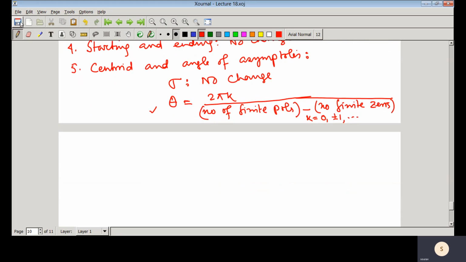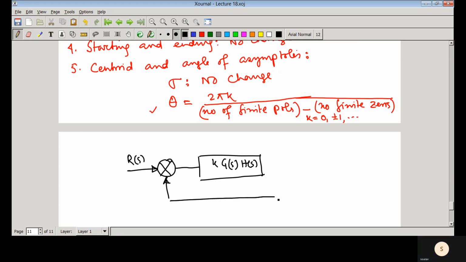What is its application? You can see the application of this particular concept, say suppose we have one closed loop system, and this is the gain k, and this is the reference command. It's a negative feedback.